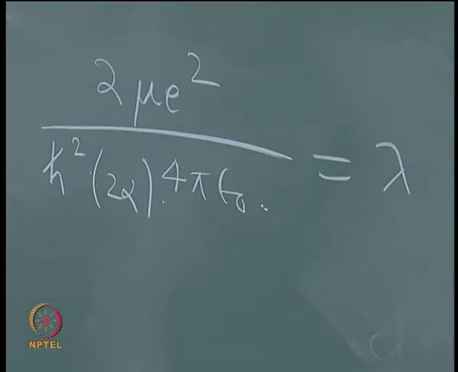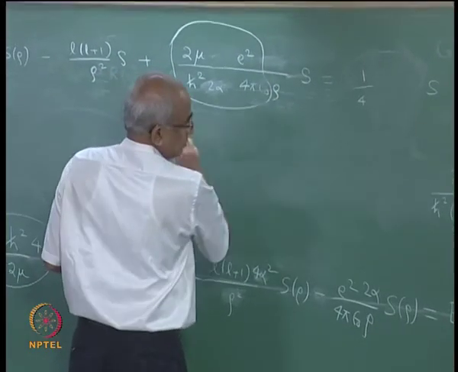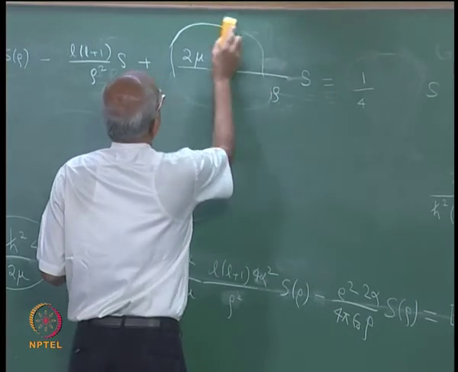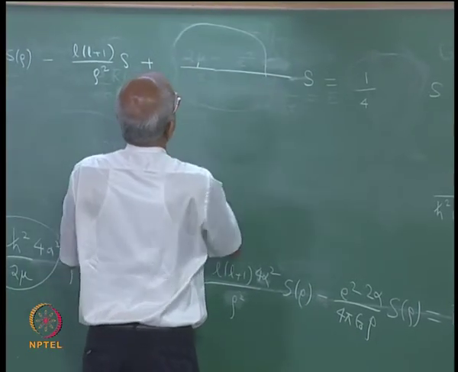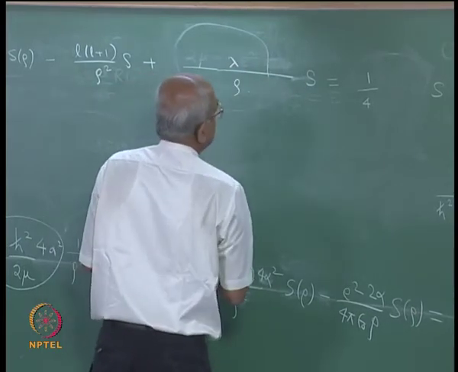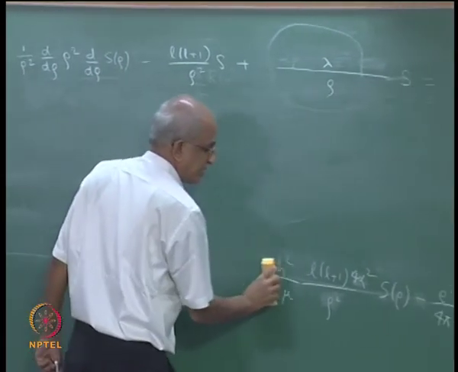Fine. And if you did that, what will happen? This part I can just remove and put lambda there. So, now our equation, you will agree that it looks much nicer than earlier.